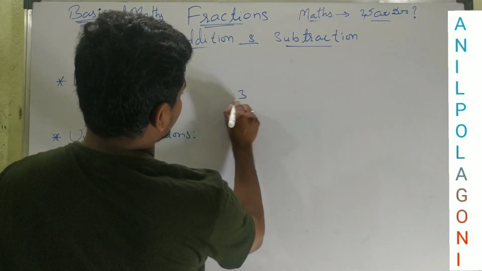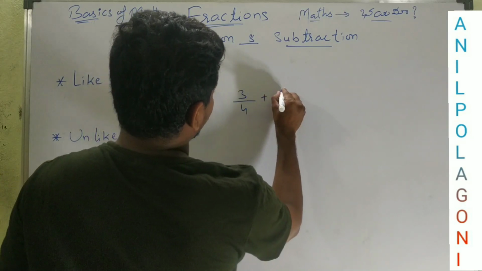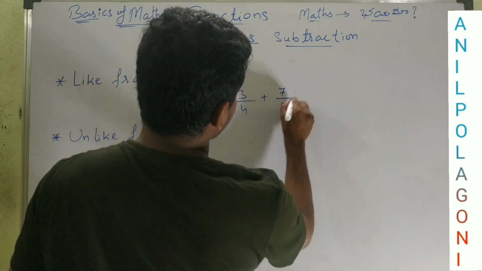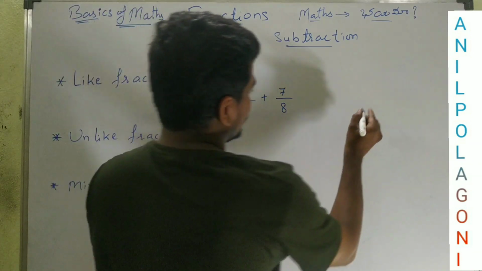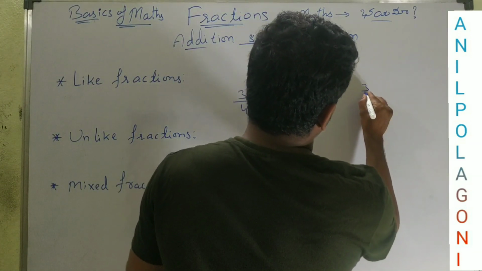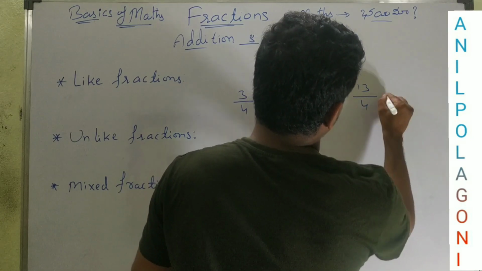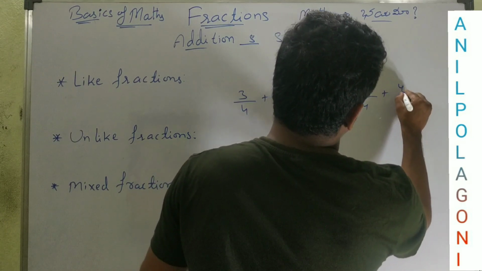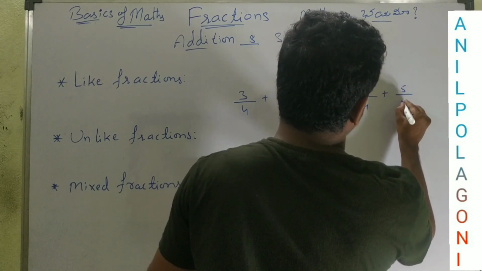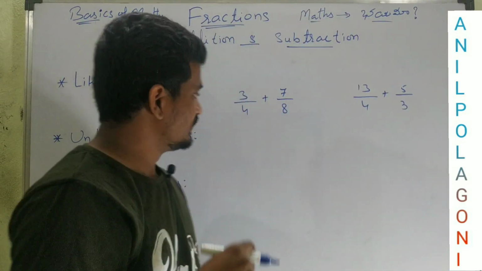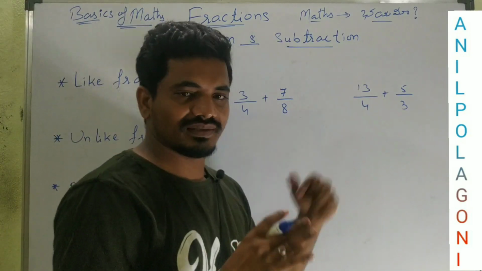For example, 3 by 4 plus 7 by 8. This is one type, and another one is 13 by 4 plus, for example, 5 by 3. So here I am taking two methods.